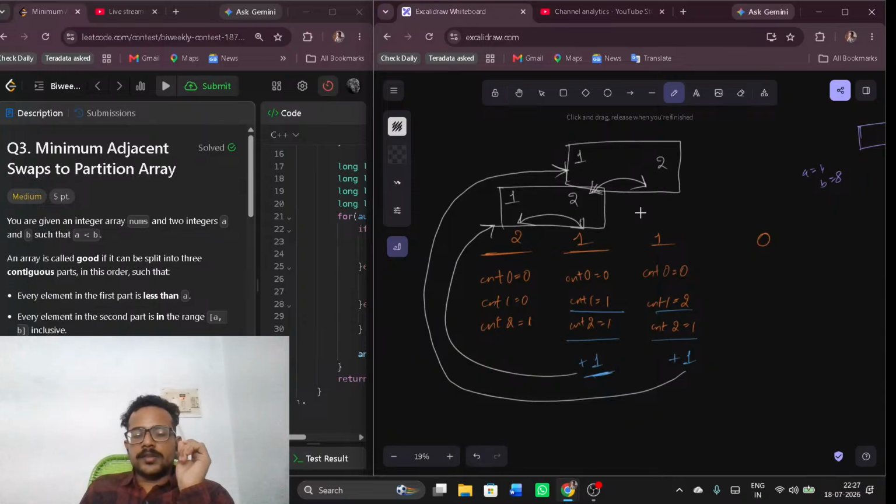Are you clear with this? Let me know. If I have a number previously which is greater than the type I am in, if I have seen type 2 before type 1, I would add that count to my answer, right?